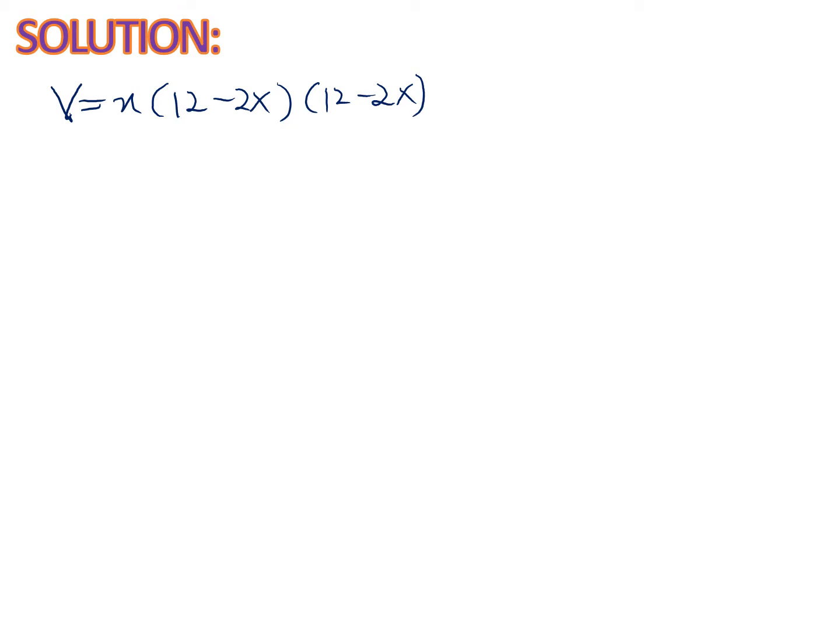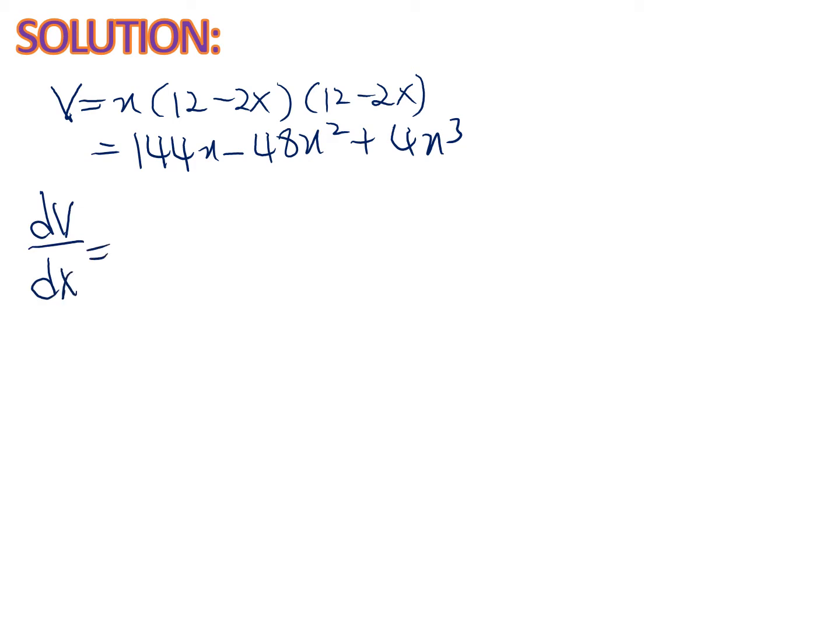So we expand, we will have 144x minus 48x squared plus 4x cubed. So from here we find dV/dx, which is 144 minus 96x plus 12x squared.